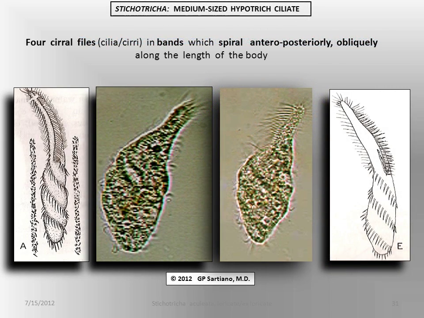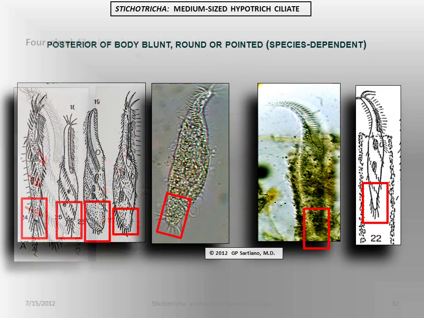There are 4 cirral files, or bands, of cirri cilia, which spiral antero-posteriorly, obliquely, along the length of the body. The posterior or distal end of the body may be blunt, rounded, or somewhat pointed.